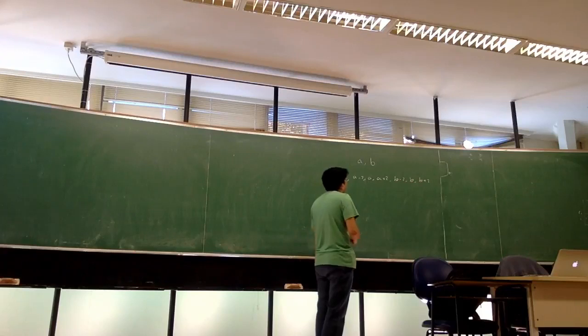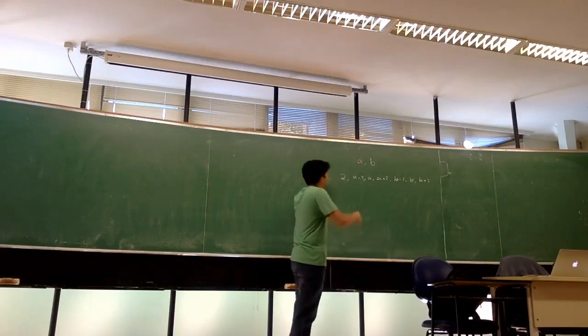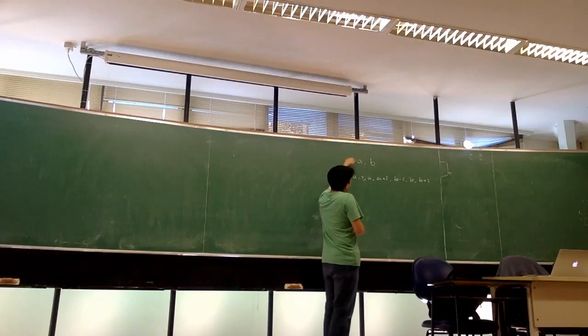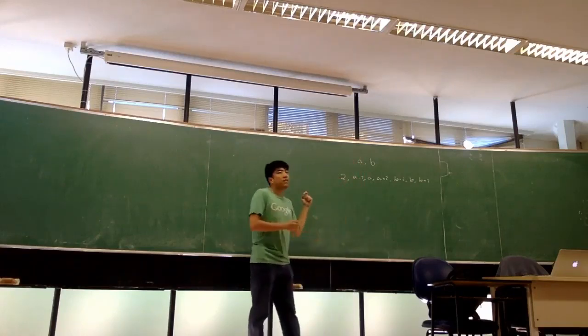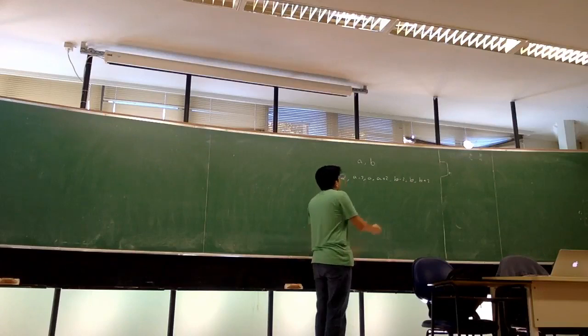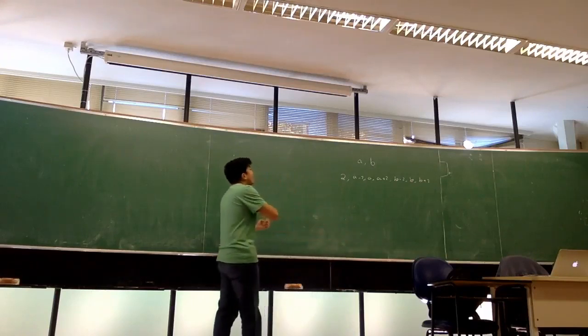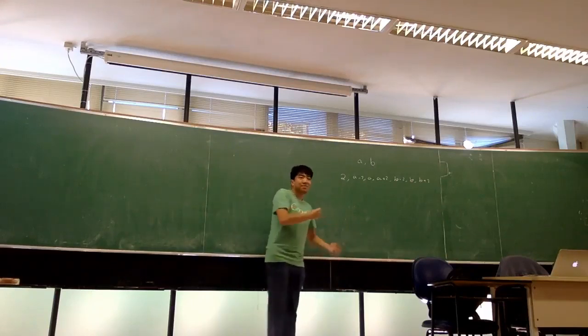Well, first thing to notice is that you can't start from A. Suppose that A is a prime different from 2. 2 is a special case. So suppose A is a prime number that is different from 2. So A is odd, right? So if you add or subtract any prime number such that the result is not 2, the result will be even and not 2, so it will not be prime, right?